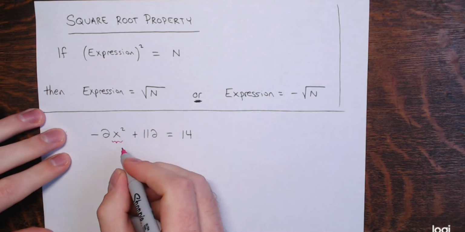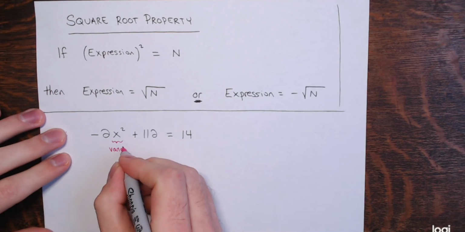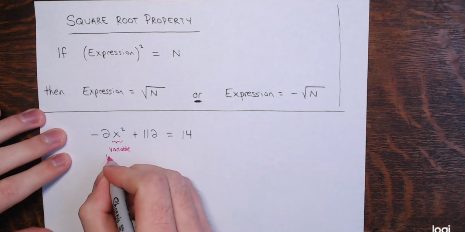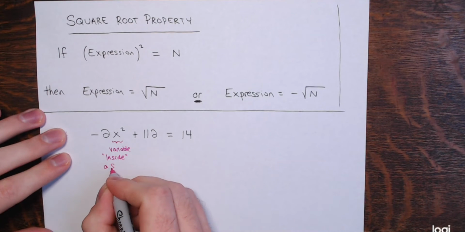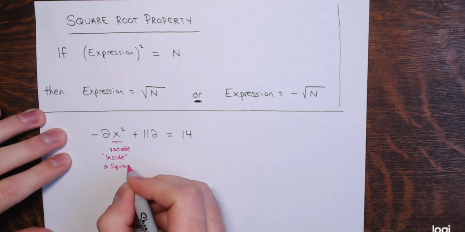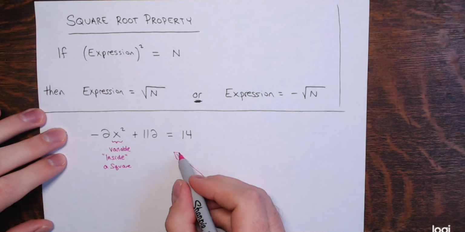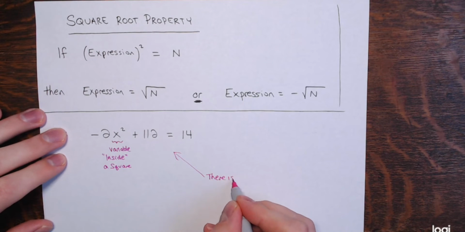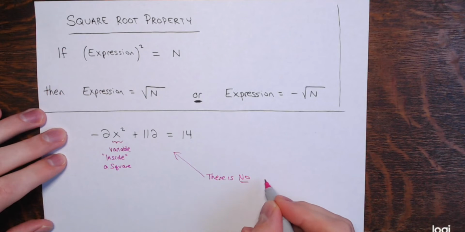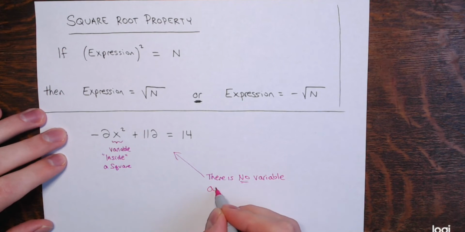You see I have a variable inside a square. There's x squared. And then for the rest of it, there is no variable outside that square.